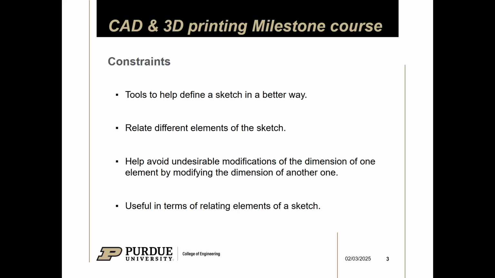But there are many other ways that you can define certain features in your sketches, and typically we call these geometric constraints. Most of the time our goal is to have a fully defined sketch, so all the lines and curves are black, and we can utilize these tools to get us there.